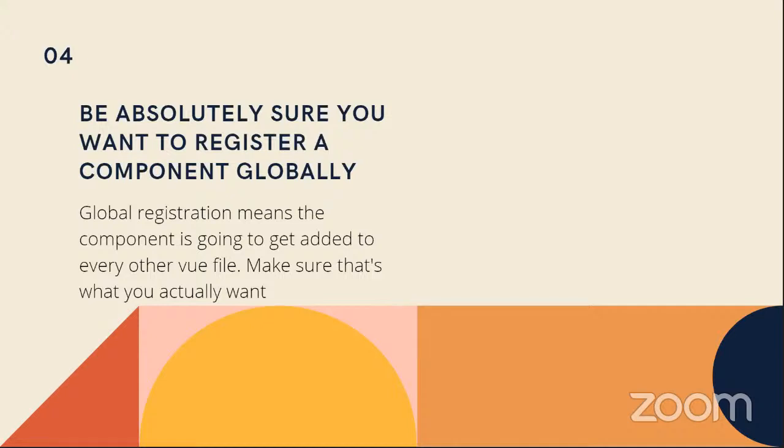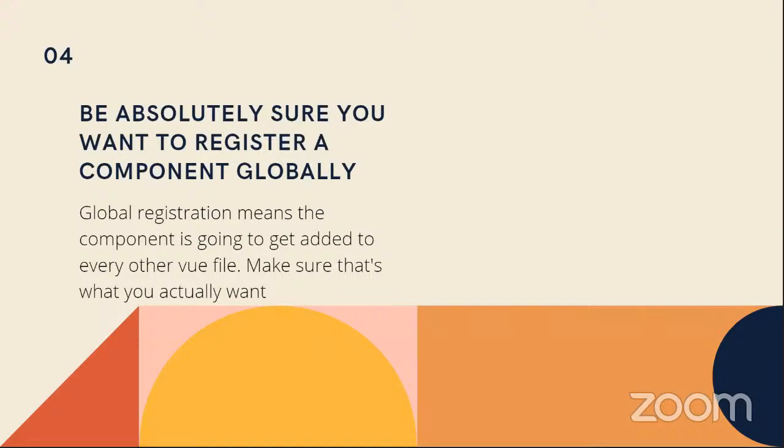So probably you have a component called post item. Now, post item, like the name suggests, is probably supposed to be used in the post components, right? But then you globally imported that component. So what happens is in every other view component that you have, post item is going to be imported there. So if you have a cart.view file, that means post item is going to be imported in cart.view, but you really didn't use post item in cart.view.